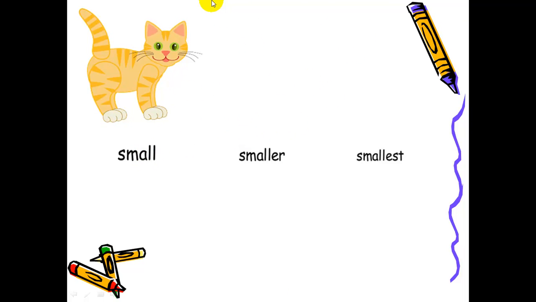Okay, if we'd like to say that the cat is small, but I'd like to add another animal here, for example the rat, I say the rat is smaller than the cat. But if I'd like to add another animal here, the ant, for example, will I say smaller than?